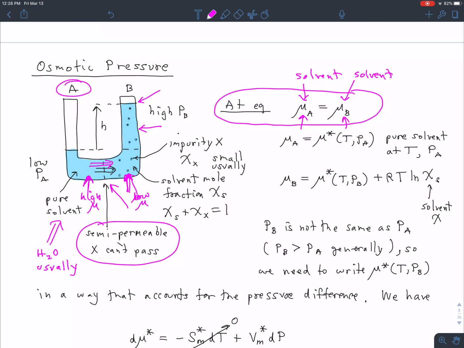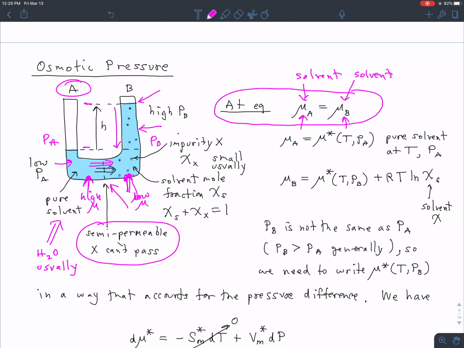That causes there to be extra pressure due to the weight of the water on side B. The pressure on side B is actually higher than the pressure on side A. That causes a change in the chemical potential on side B that counteracts and eventually raises the chemical potential on side B up to equality with the chemical potential on side A. And the height difference on the two sides is a measure or a consequence of that pressure difference.